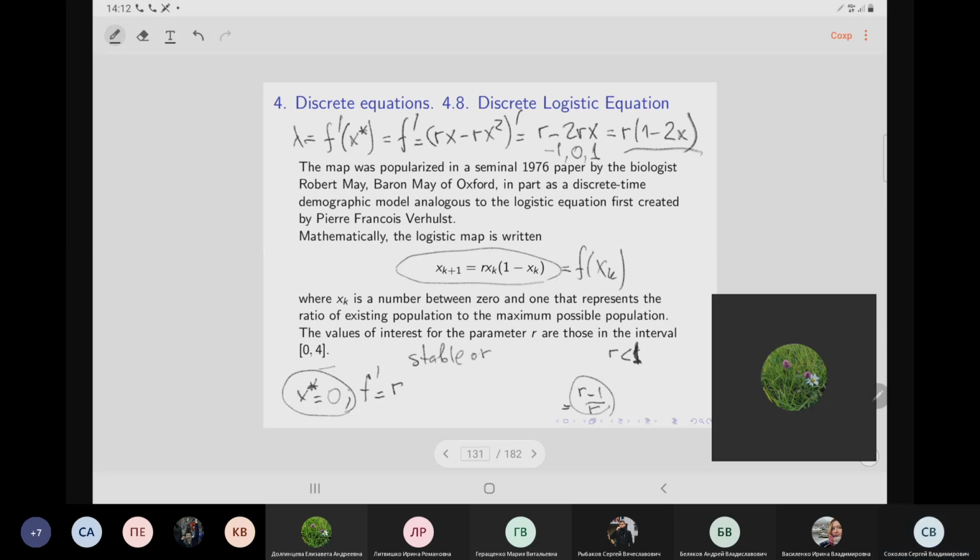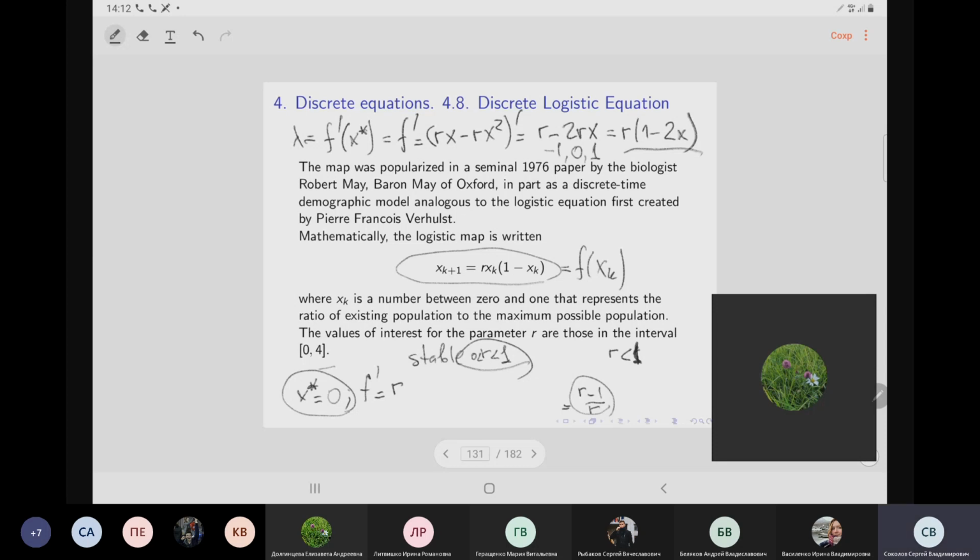So for the very first situation, for small r, we have only one equilibrium, and it is stable. So the population disappears. This is the bad option.